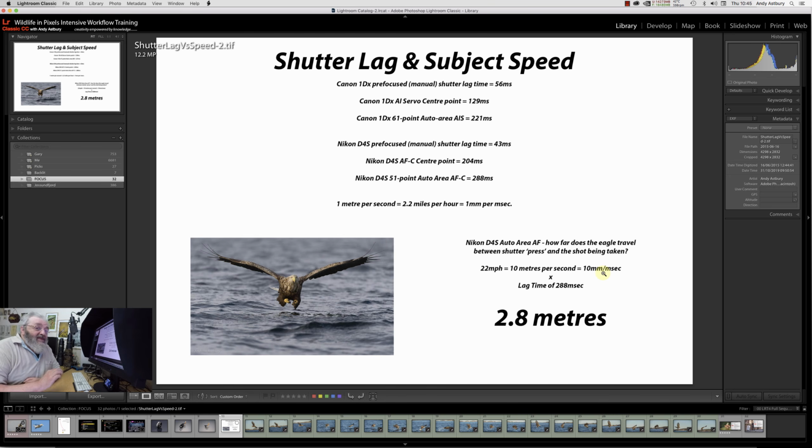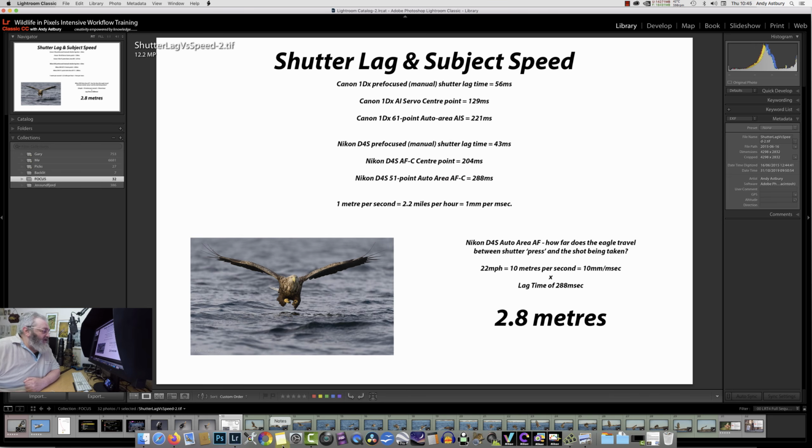You've got a shutter lag of 288 milliseconds. So the bird actually travels 2.8 meters in between the time you tell the camera to fire the shutter and the front curtain actually opening. That's if you're using all the autofocus points.